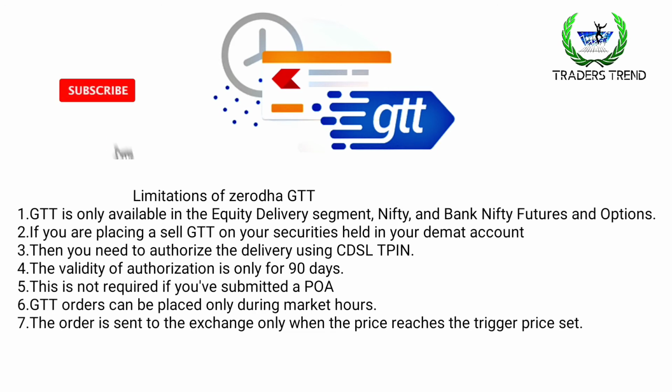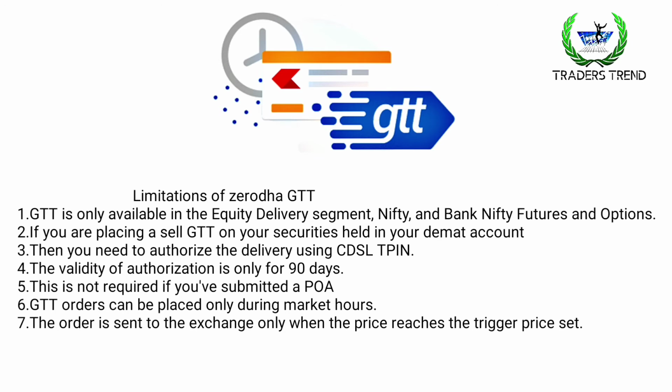And then a GTT order can be placed only during market hours, in the trading hours from 9:15 to 3:30. That time you can execute the order. Then the order is sent to the exchange only when the price reaches the trigger price set.